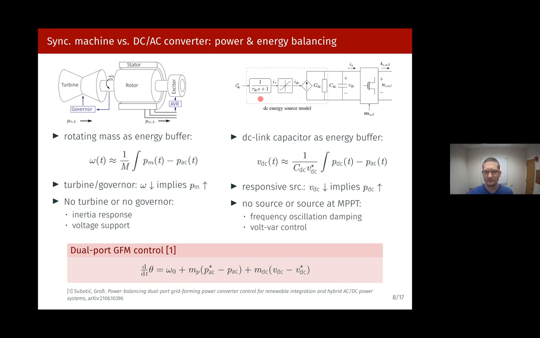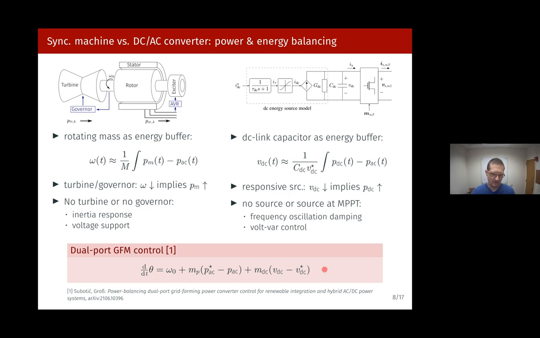So even if you have no source here, or it's operating at the maximum power point and it's not really responsive to the DC voltage, well, in this term, you will control the DC voltage through the AC side. And you can still get features like frequency oscillation damping and volt-var control. So this turns into something that is similar to the synchronous condenser.